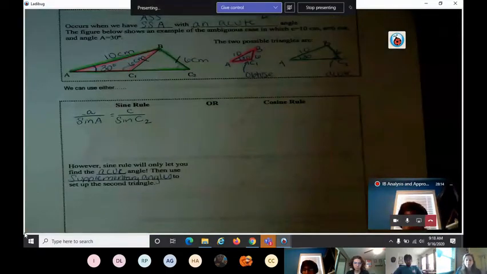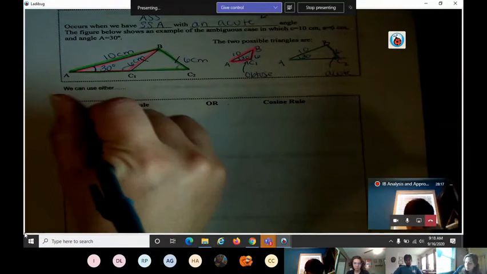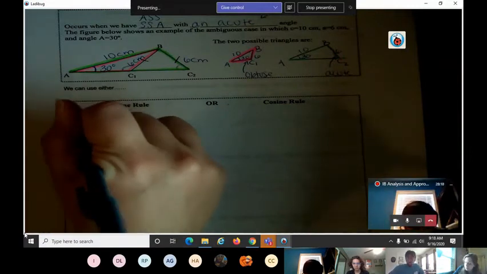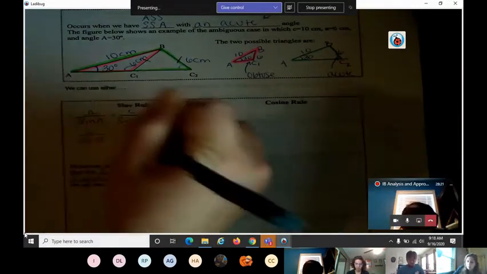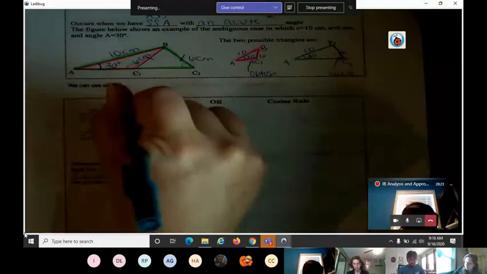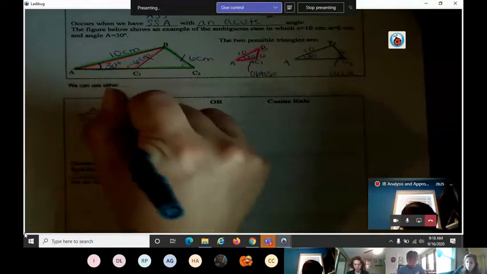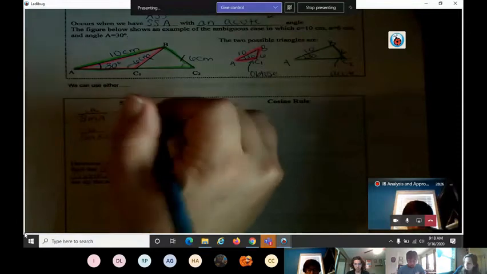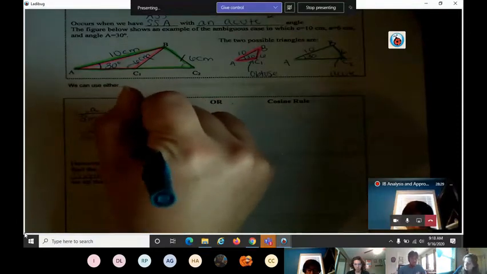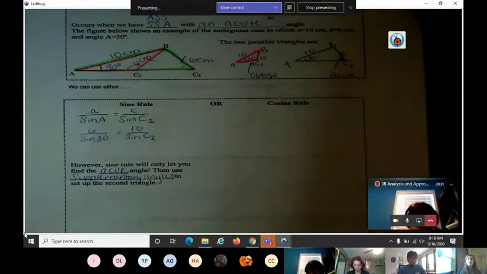So using the acute angle. Okay, so now I'm going to fill in my numbers. 6 over the sine of 30 is going to be equal to 10 over the sine of C2. Our goal here is to solve for C2.